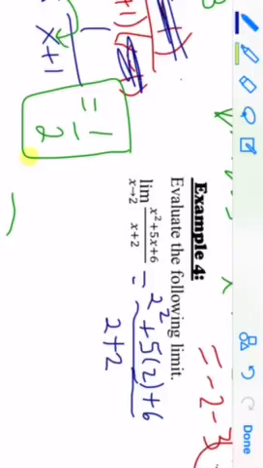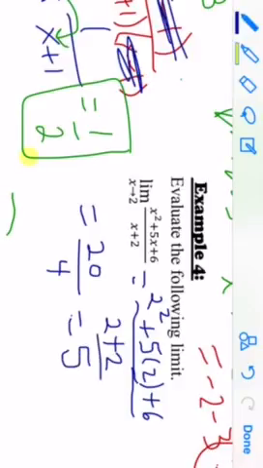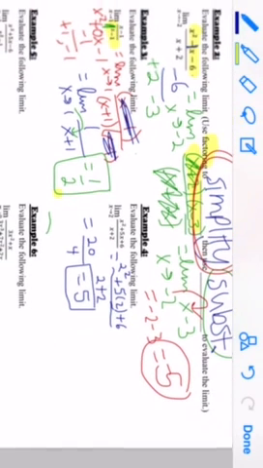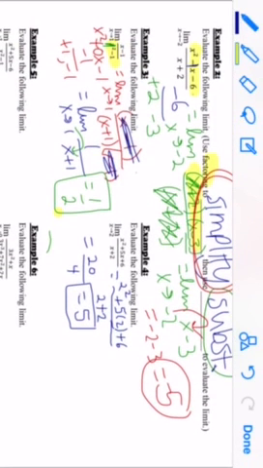Okay, so that'll be 4 plus 10 plus 6, 20 all over 4, and that gives you 5. Okay, so that's kind of a difference between when you do have to factor and when you don't. You do have to factor when you're dividing by 0.